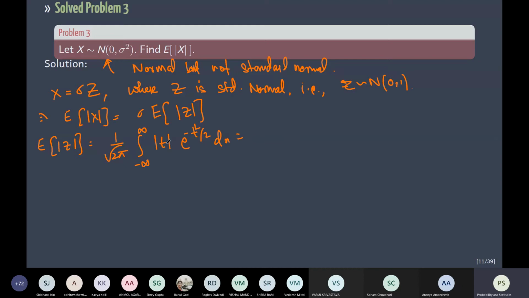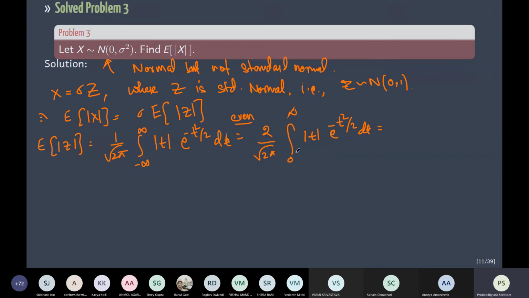So this is an even function. So we can write this as 2 by square root of 2 pi, integral from 0 to infinity of t e to the minus t square by 2 dt. It should be dt here.